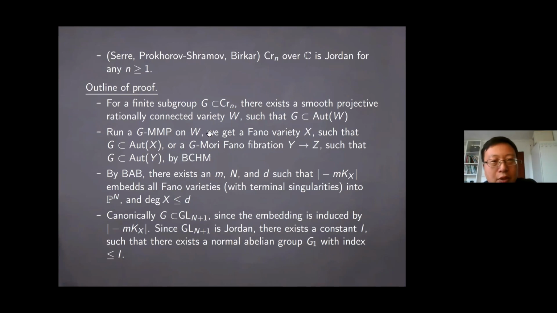But in the definition of the Jordan property, we also need to find some invariant points under this group action. So how can we find them? First, we canonically view this G inside GL_{N+1}. Since this is Jordan, by Jordan's result there exists a constant L such that there exists a normal abelian subgroup G_1 with index at most L.